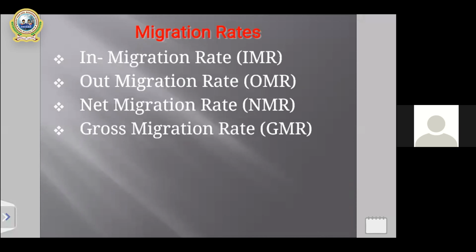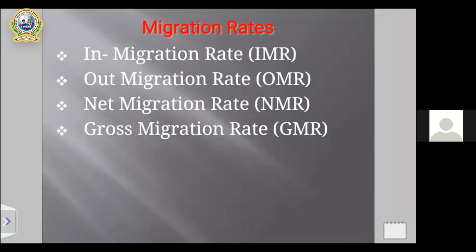Migration is also one of these factors, because it increases the population in a new place, the destination, and decreases the population in the original, previous place. So migration helps to increase as well as decrease the size of population.